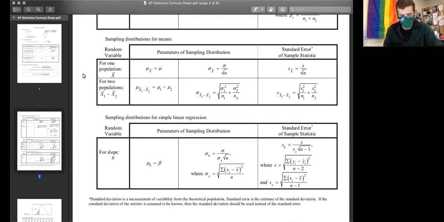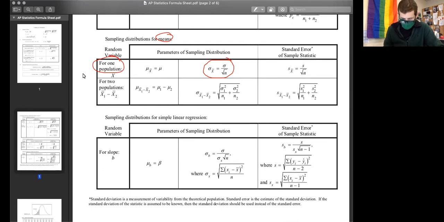So if you can tell yourself, this question is asking me for the standard deviation of a sampling distribution of sample means, and there's only one population, then you can narrow it down right there. I know it's means, I know it's one population, and they're asking for the standard deviation. So there's my formula. And we had some problems like that the other day.